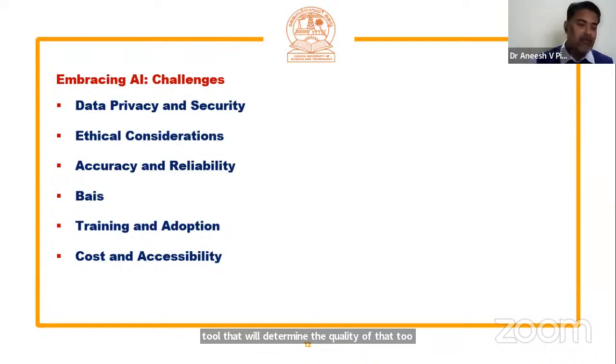So the data is very much required. Now, when we use an AI technology, it may use data of different persons or institutions or agencies. So because of that, there is always a concern regarding data privacy and protection.